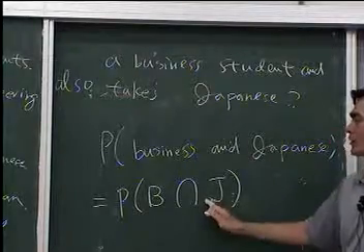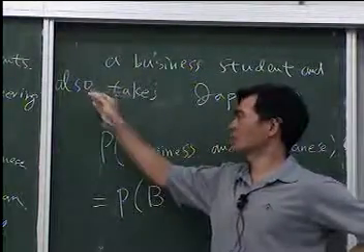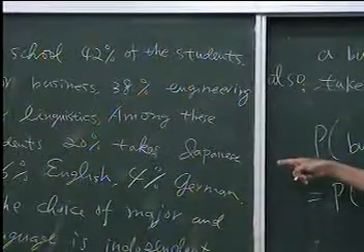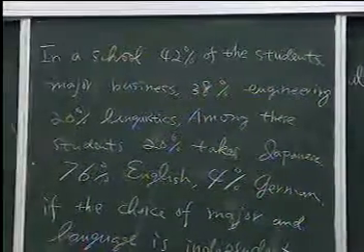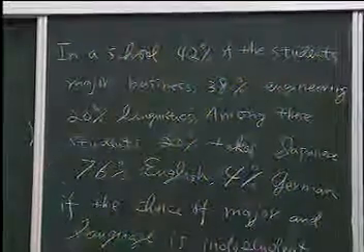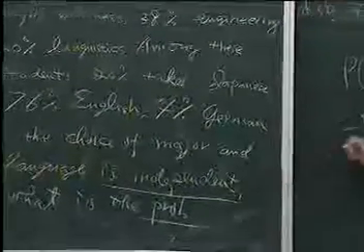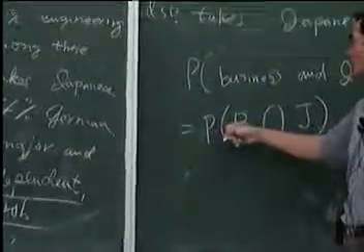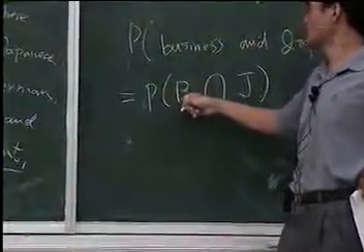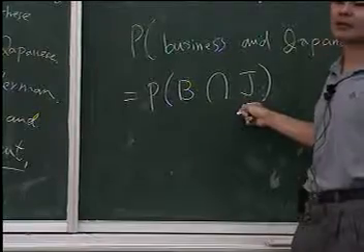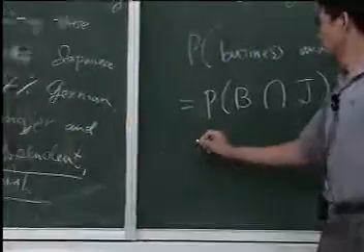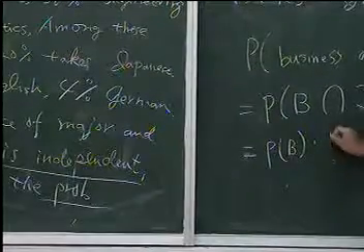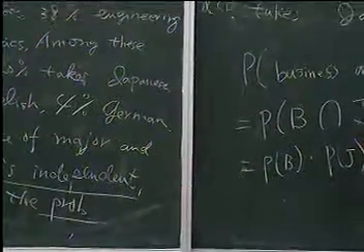And we also have information about the relationship between a major and the language classes they take. What's the relationship? They are independent, right? So what does this mean? If they are independent, then you are trying to get the probability of B and J. So what should that be? It is probability of B times probability of J, right?